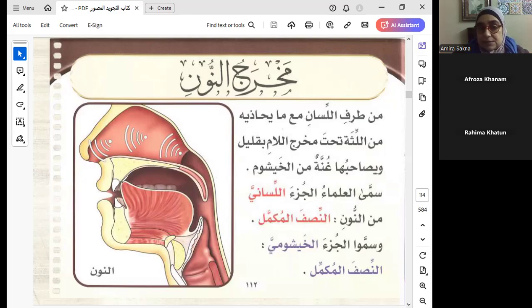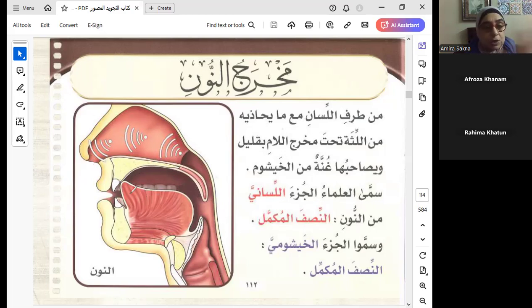Make full contact, no space in between. That's why the sound is blocked here and will go back and escape through the nasal cavity. That's why we produce the ghunna. When we pronounce the noon, two parts are working. Number one, the tongue. Number two, the nasal cavity.